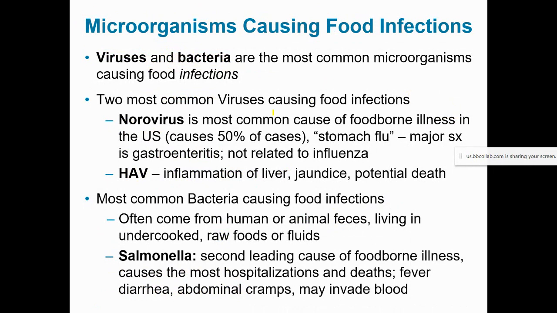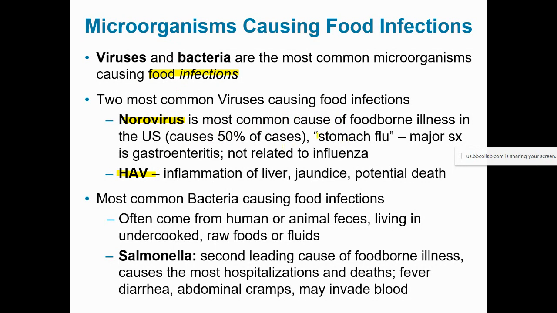So viruses and bacteria are the two most common microorganisms that cause food infections. Again, norovirus and HAV are the two most common viruses. Norovirus is very much the most common, and it is the most common cause of all food-related illnesses in the United States. It's accountable for about half of all the cases we see.